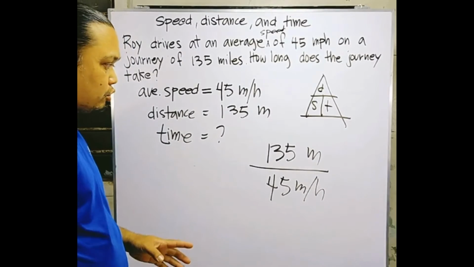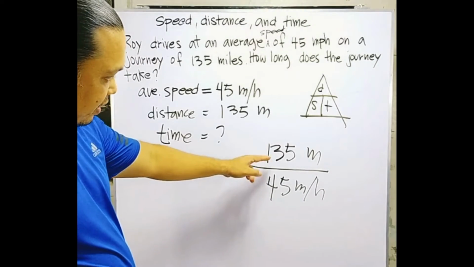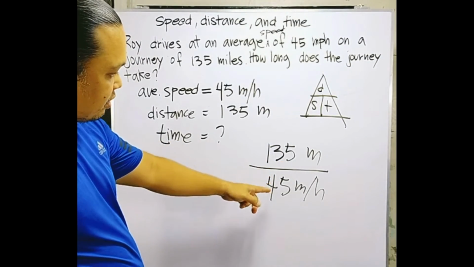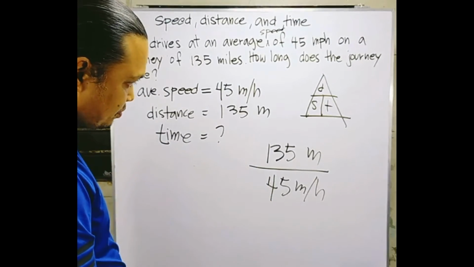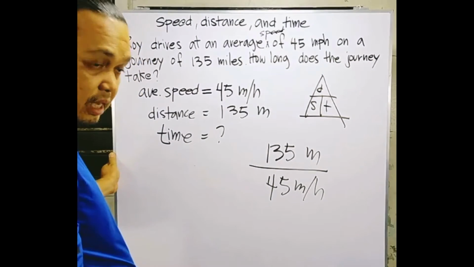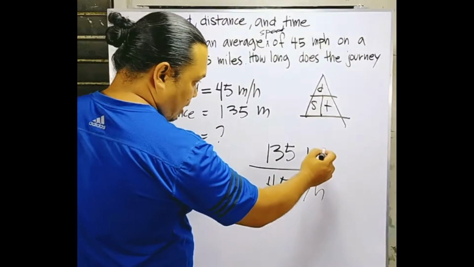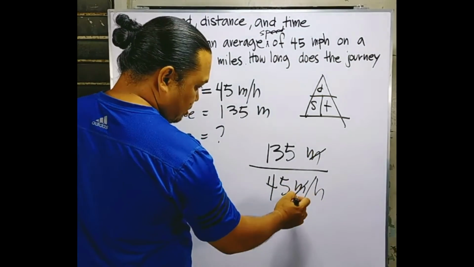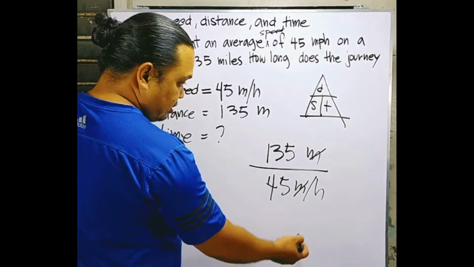So we have 135 miles over 45 miles per hour. All we need to do is divide. Cancel miles, cancel miles. What is remaining is the hour.